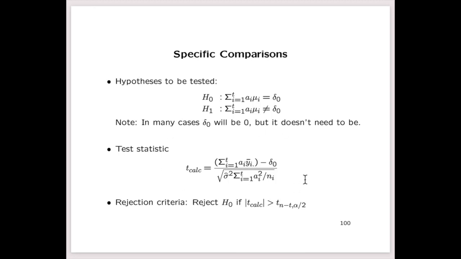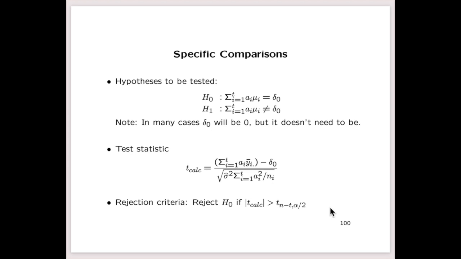Okay, then we form the test statistic, which is a t statistic, so we'll call it t-calc. And the test statistic is given by the same linear combination, but of the sample means. So you see we have the same a sub i's that we had up here. And so it's the linear combination of the sample means minus the hypothesized value, delta 0, divided by this estimated value of the standard error of the linear combination of the sample means.